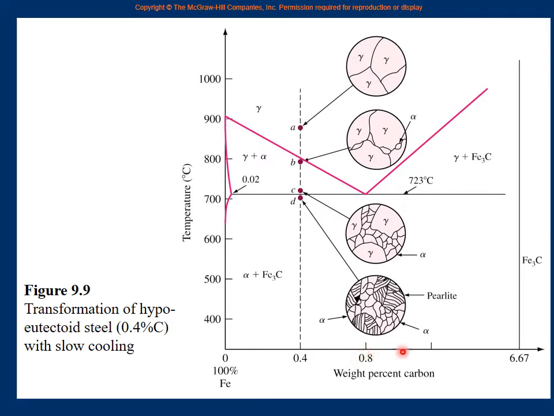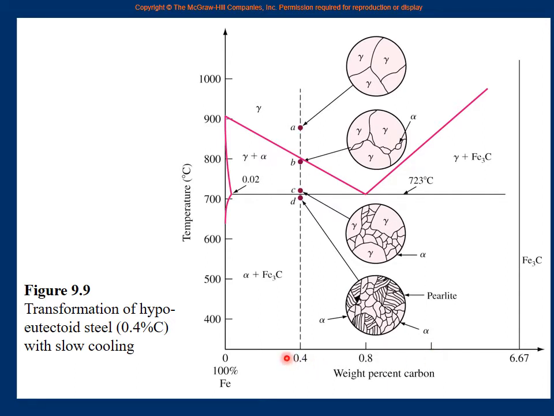If the composition is more than 0.8%, we call it hypereutectoid. So the hypo and the hyper are about the composition of the steel. If the composition is 0.3%, 0.4%, 0.5%, any carbon percentage less than 0.8, then all this steel is hypoeutectoid steel. And if the composition is 0.9, 1, 2, 3% carbon, any carbon percentage more than 0.8%, then that steel will be called hypereutectoid steel.